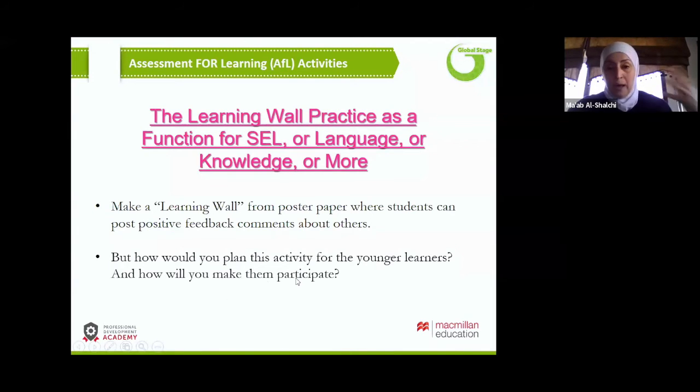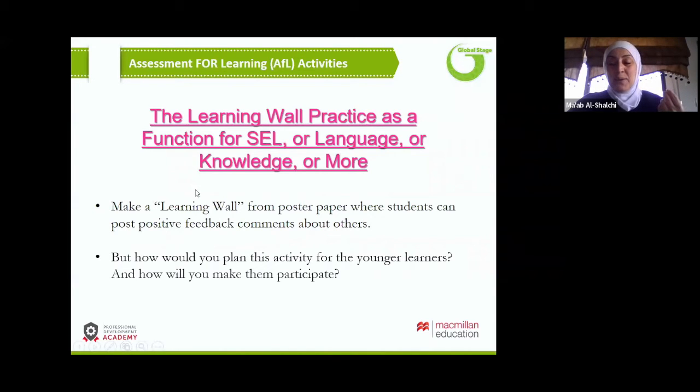So you have a learning wall on a poster paper, and you need them to write feedback about each other. It has to be positive.